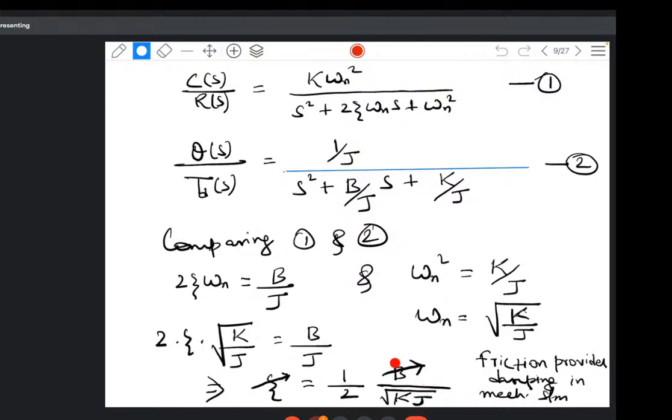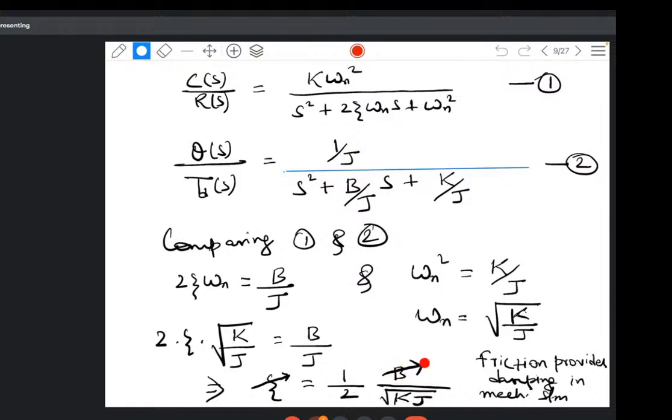But B is the friction, the coefficient of friction. This value, the coefficient of friction or frictional coefficient, is not constant. It will vary. So this will determine the amount of damping, because as B varies, zeta will also vary, because this is the only variable, the rest are constants.